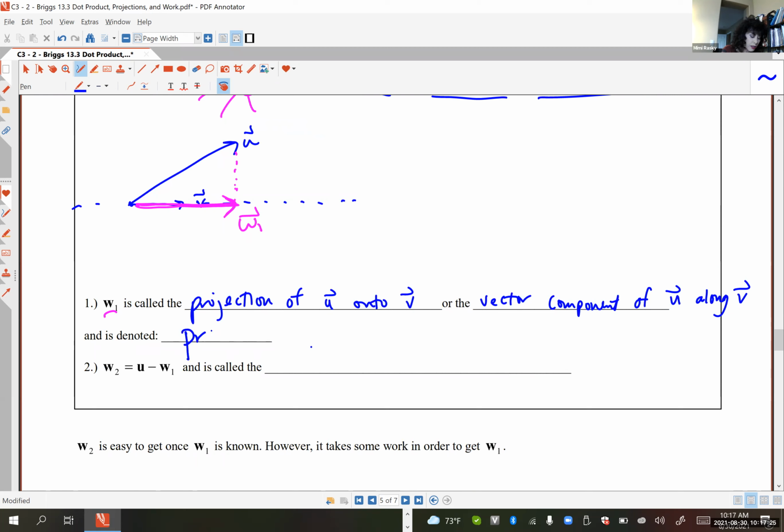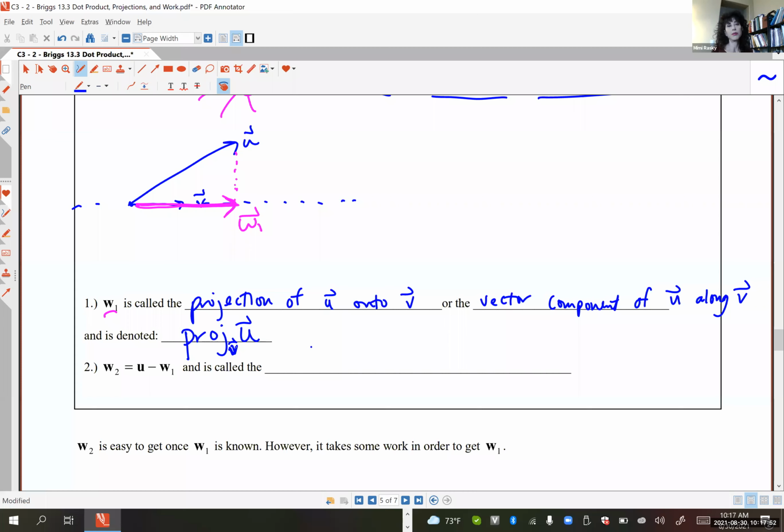You're going to use the letters proj, short for projection. And then when you project U onto V, U is on the same line as the projection part. And V is this teeny tiny subscript that's a little bit lower. Okay, it's a subscript. So that's the notation, projection of U onto V.